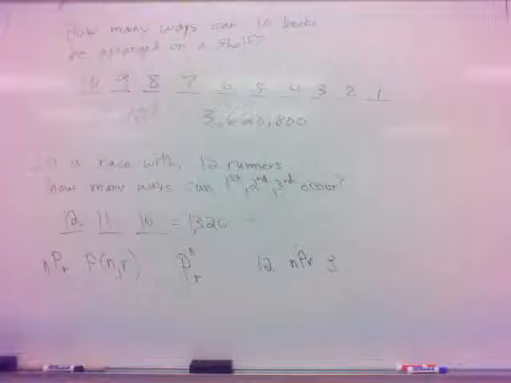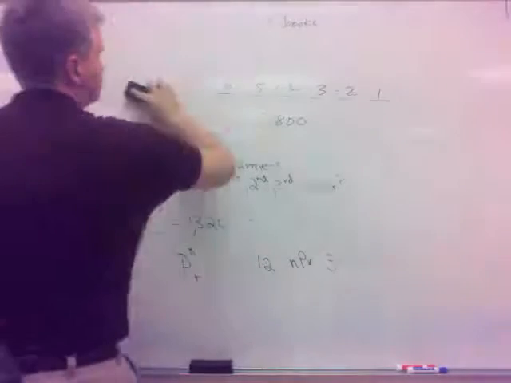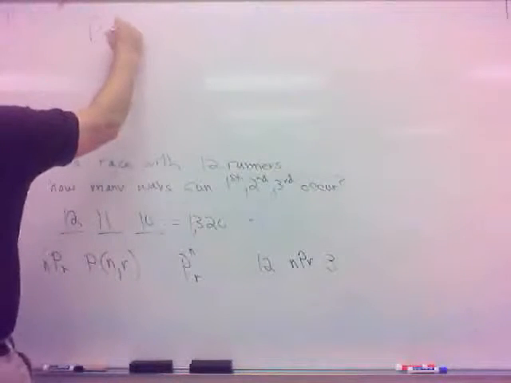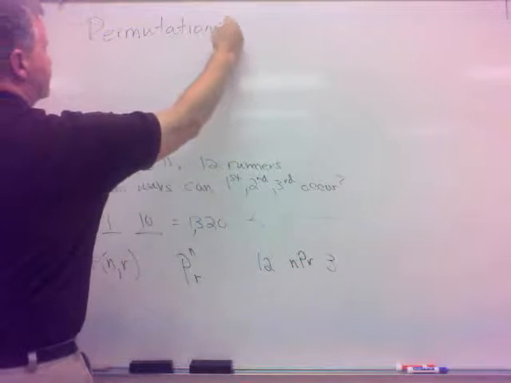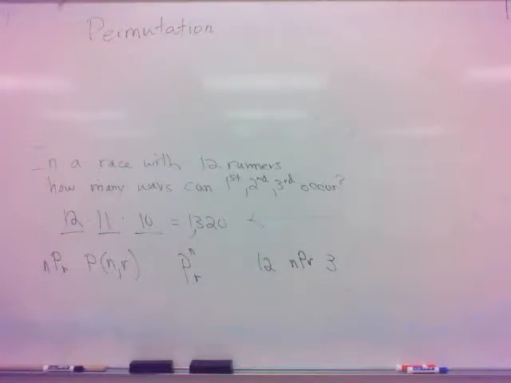The P stands for permutation. This is what's known as a permutation. Actually, I guess the factorial, in essence, is a special permutation.